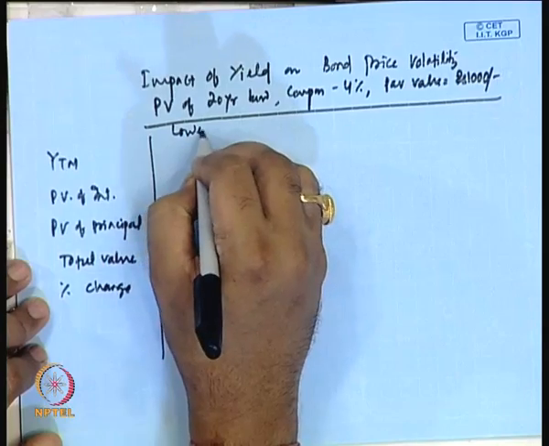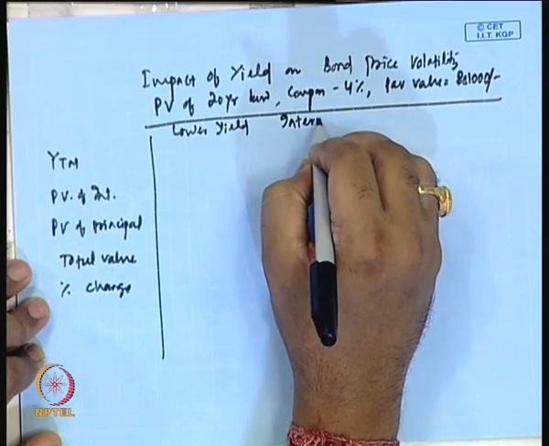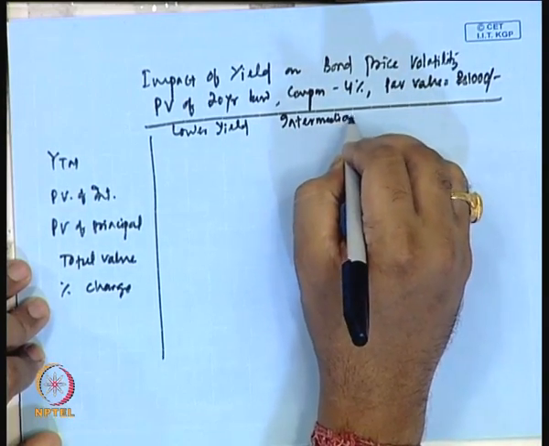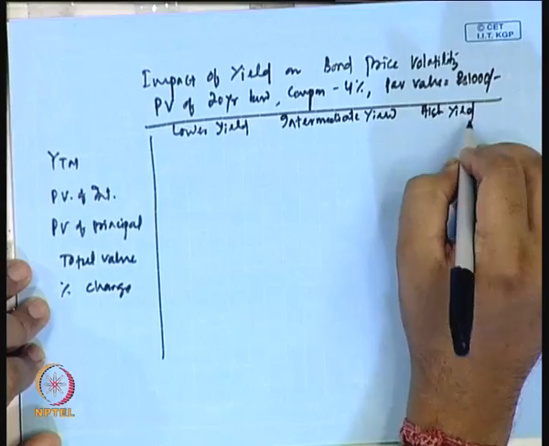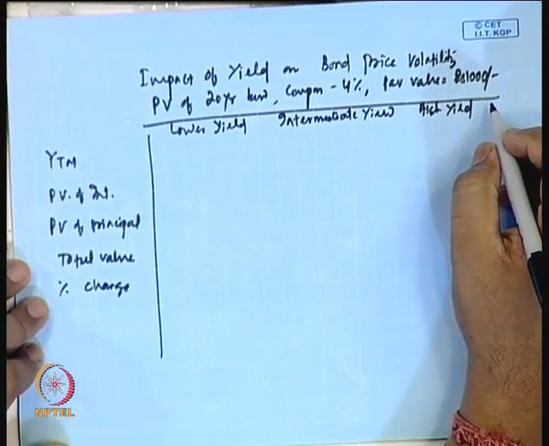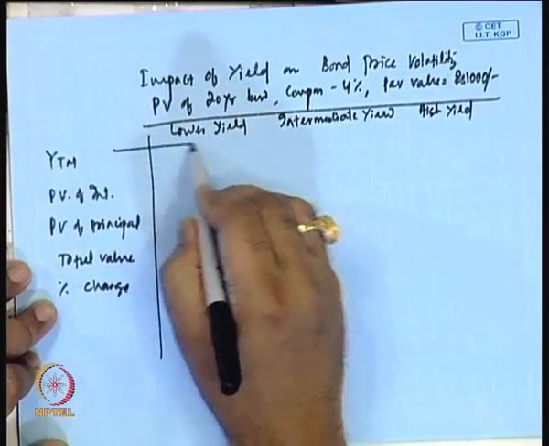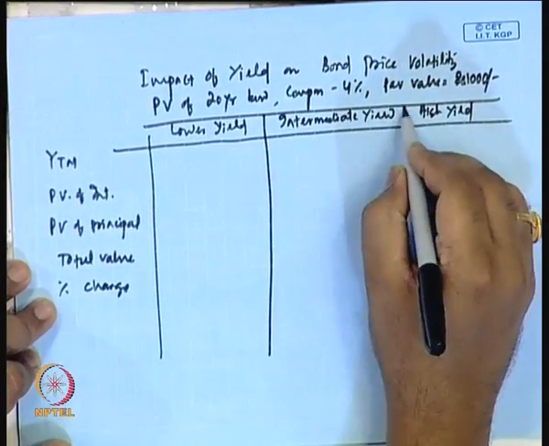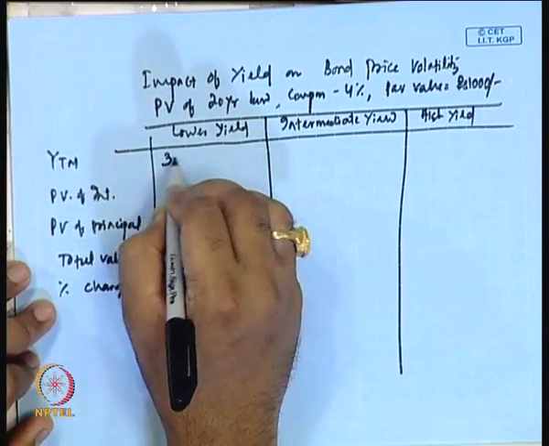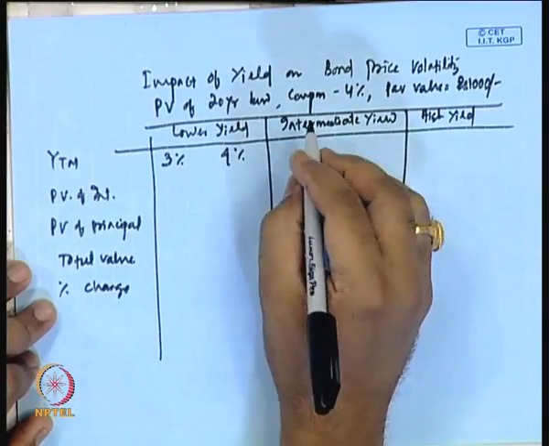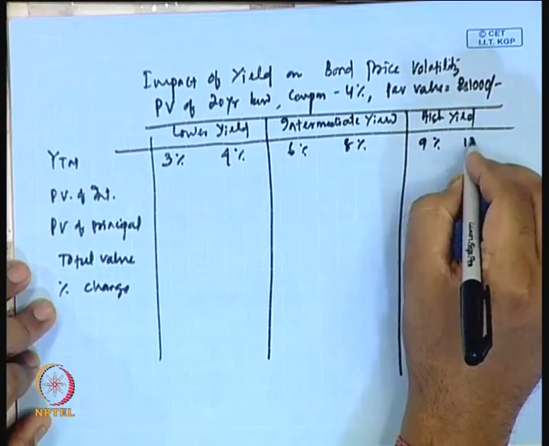Let us say you have taken the lower yield, then the intermediate yield, then the high yield. What we can observe here, let your yield of 3% increase to 4%, 6%, 8%, then 9% to 12%.